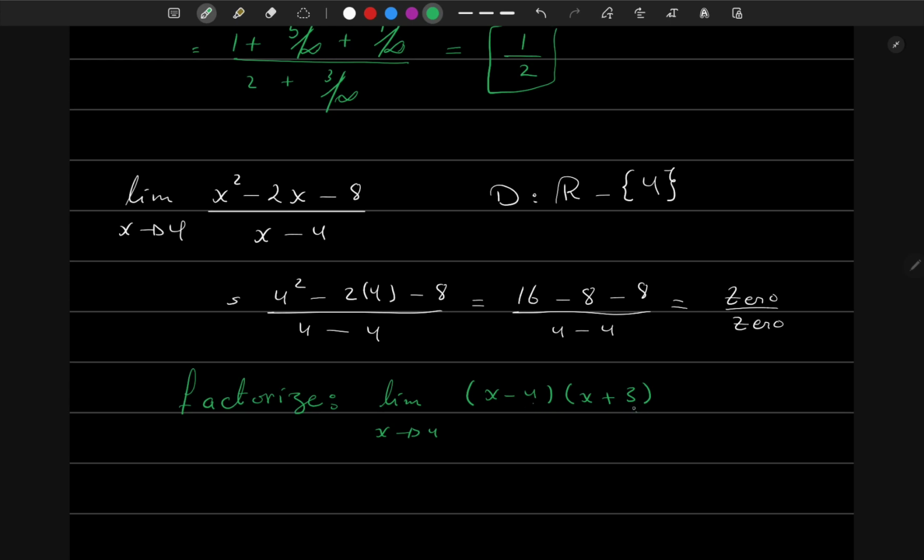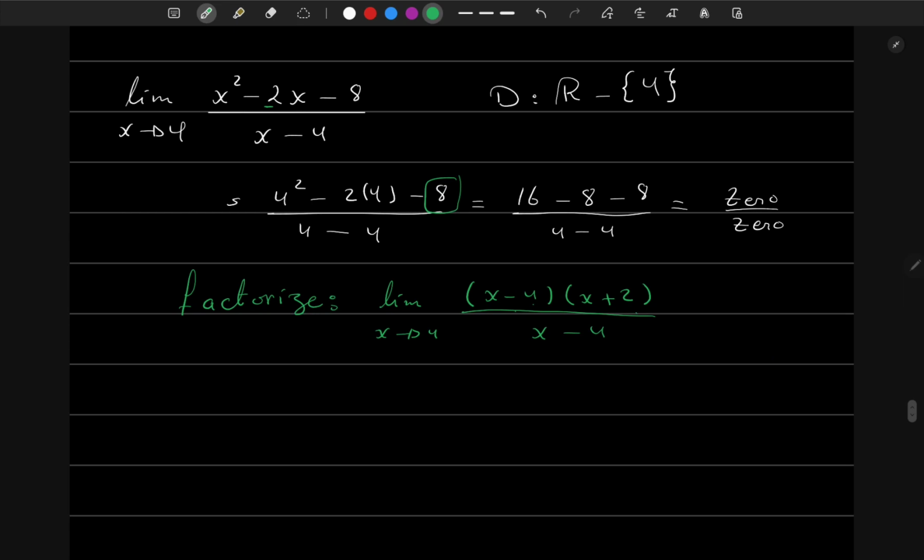The 4 multiplied by 3, sorry, 2. Negative 4 multiplied by 2 equals negative 8, and negative 4 plus 2 equals negative 2. This divided by x minus 4.